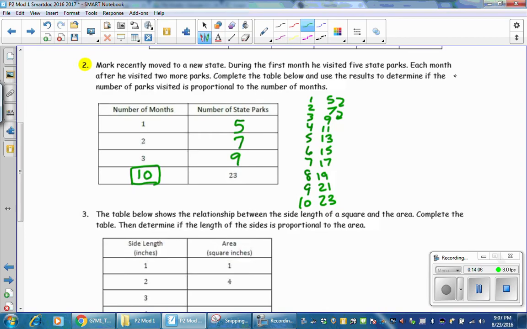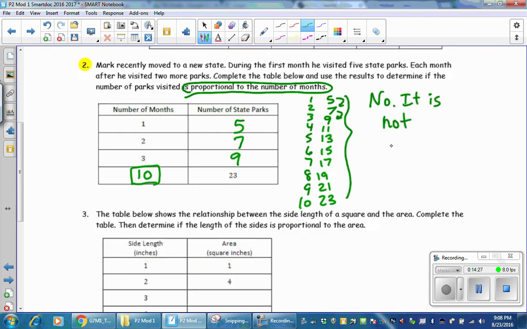Then it says, determine if the number of parks visited is proportional to the number of months. Now, it's important to note here that just because it has a nice pattern does not make it proportional. So this answer is no. It is not proportional.